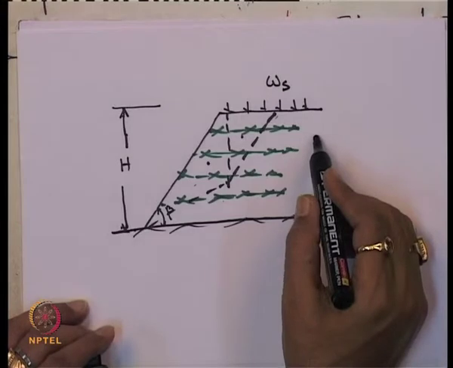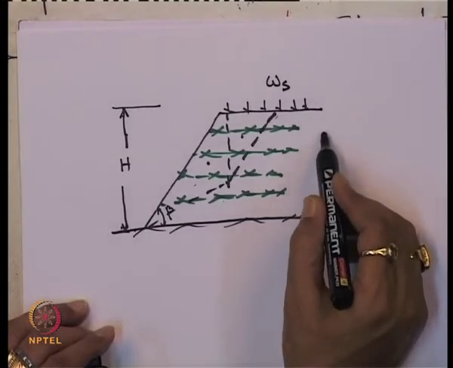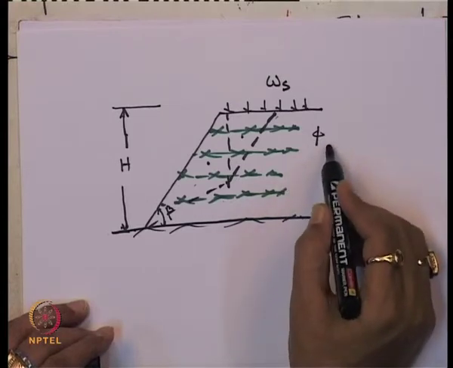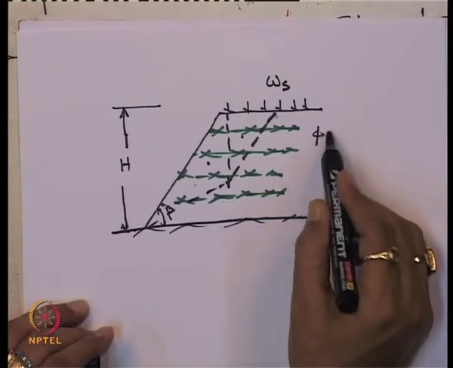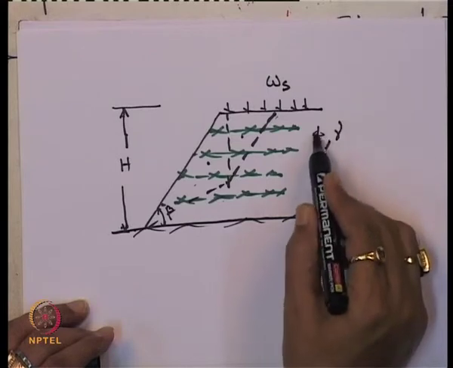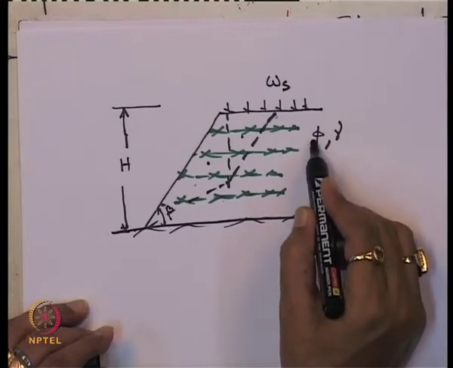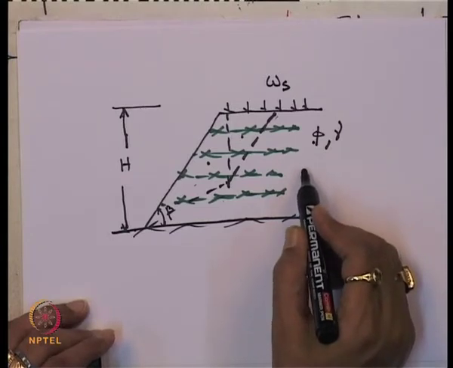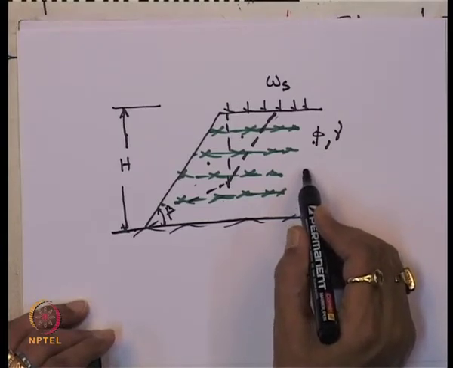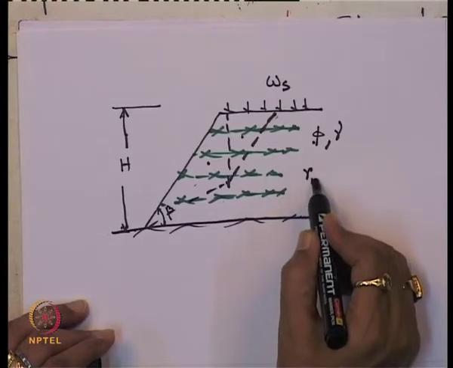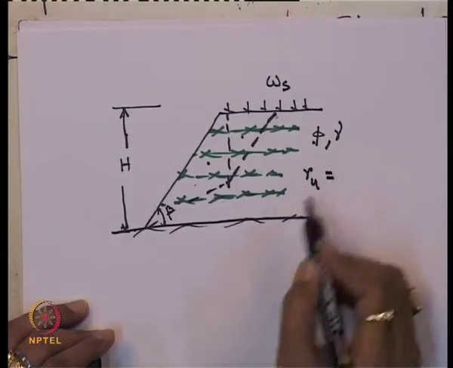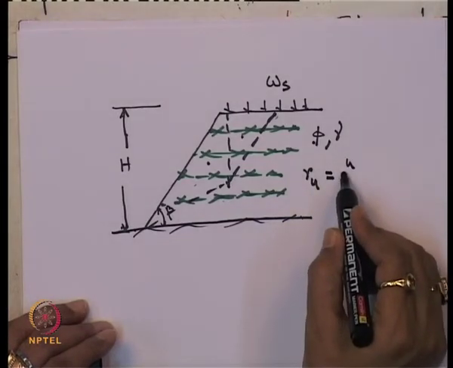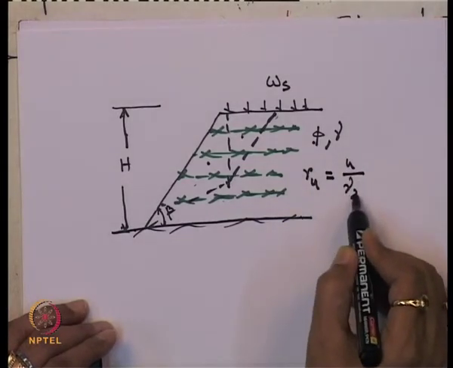This slope also has soil properties. We know the unit weight of the soil, gamma, and the angle of friction, phi. Apart from that, there is a pore water pressure, which can be designated as r_u. So, r_u is equal to u by gamma z.